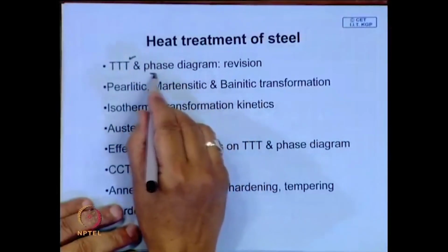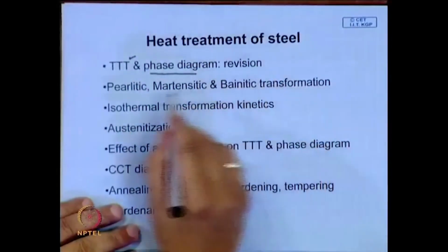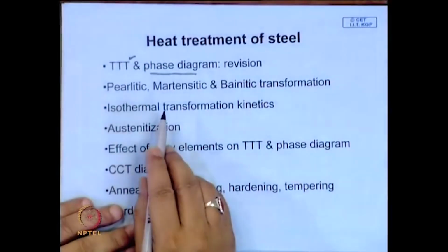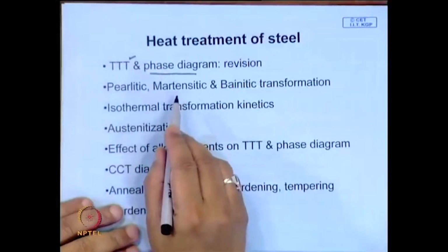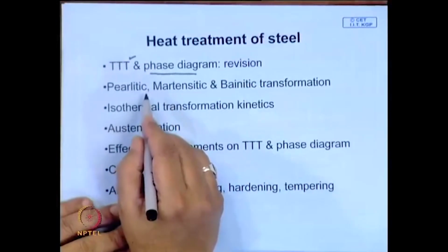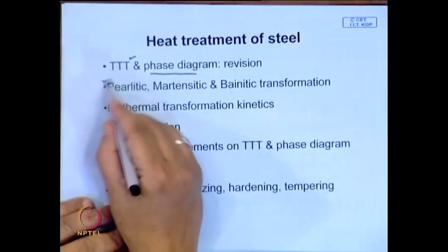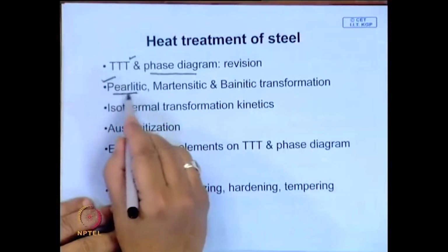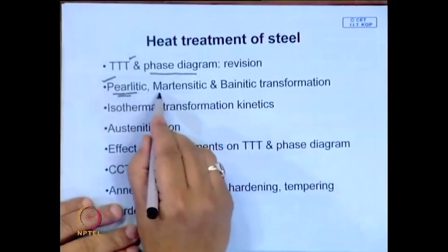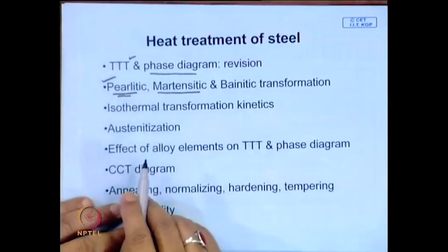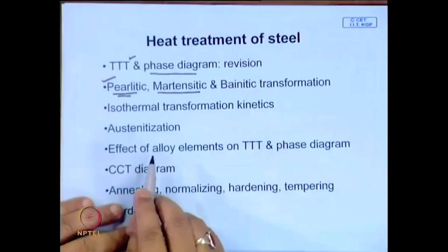The phase diagram also has an important feature, and there are three distinct types of reactions that take place. Some are isothermal and some are athermal. Like we talked about pearlitic transformation, which is an isothermal transformation, and at the other extreme we looked at martensitic transformation, which is an athermal transformation.